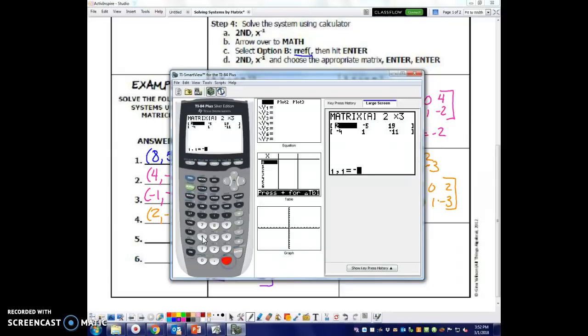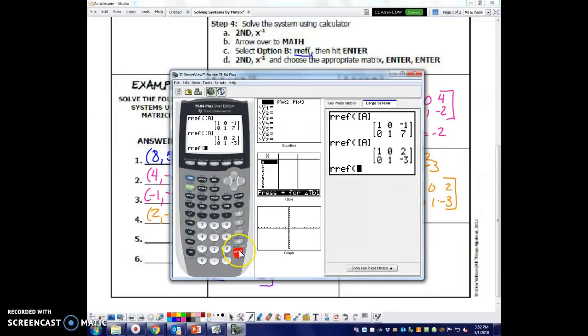Here we go. Negative 4, negative 8, 23. Then we have 1, 2, 13. We quit. Go back into matrix. Over to math. RREF.